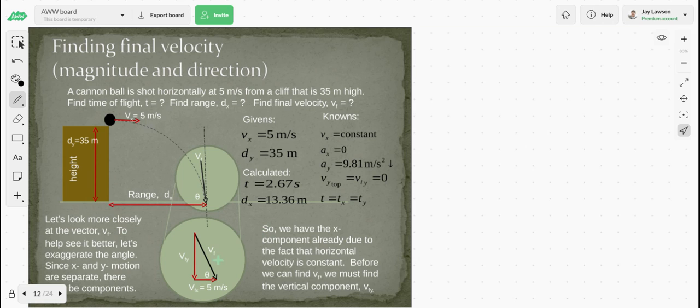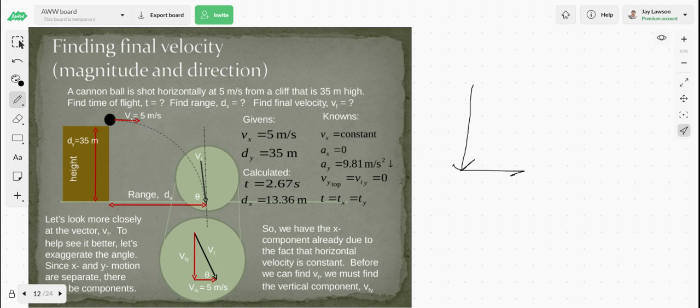So what we're doing here to solve for the final velocity is we're going to take the velocity vector in the y direction, which is always going to be up and down, and the vector in the x direction, which is always going to be left and right. And we're going to use the tip-to-tail method of vector addition to solve for this resultant vector, which is the final velocity. So I'm going to blow it up even more.